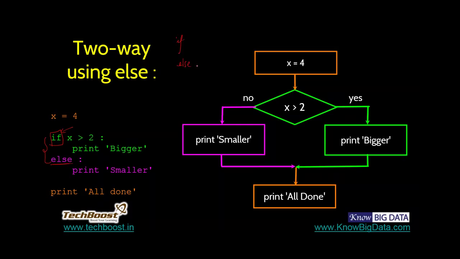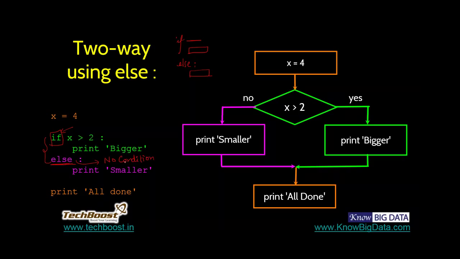It's like we are asking ourselves, if this happens, I want to do this. Otherwise, I want to do this. You get this? Now, the else keyword does not have a condition. This is to be noted.